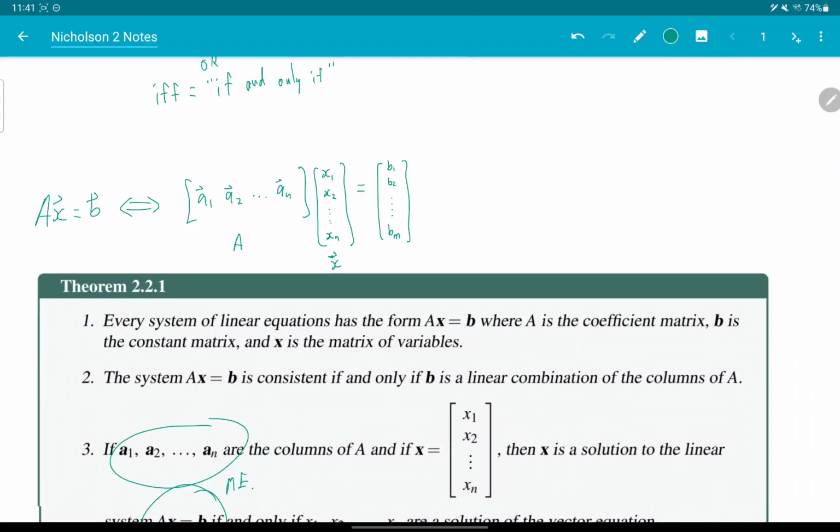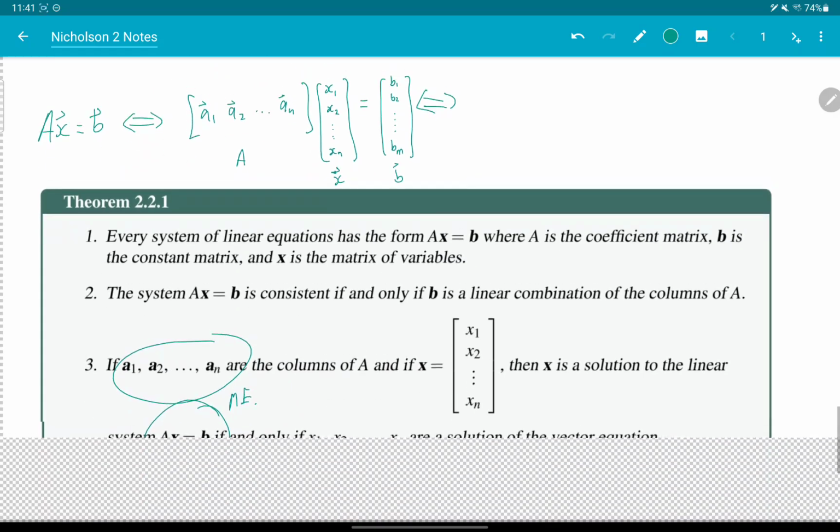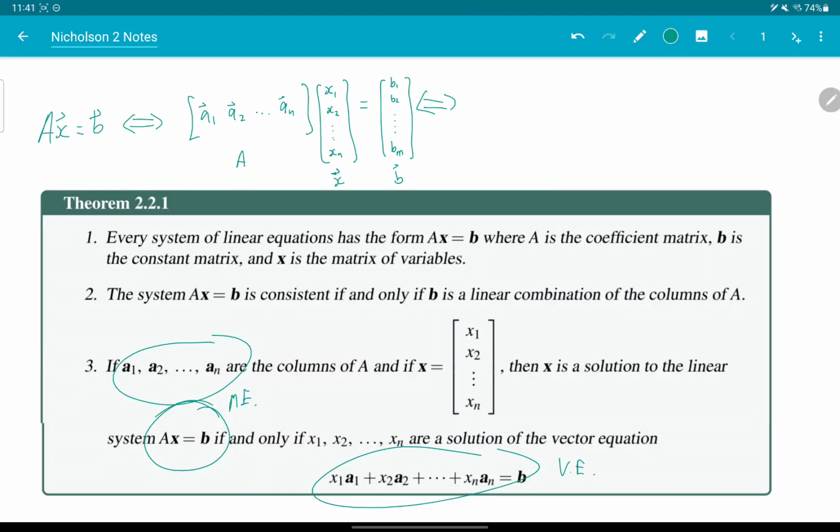So here's AX equals B. And what I'm trying to do here, if I've lost you, is connect the dots between this and this. So now I'm just going to perform this multiplication right here. We don't usually put a dot, but you can put a dot for emphasis if you want. When I do that, I take x1 and put it in front of the column A1.